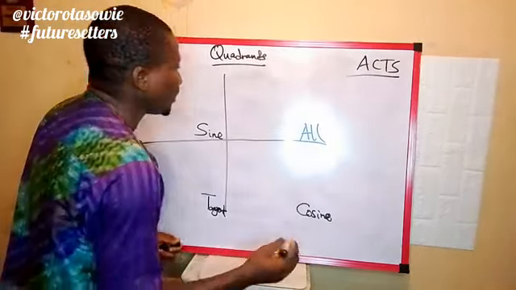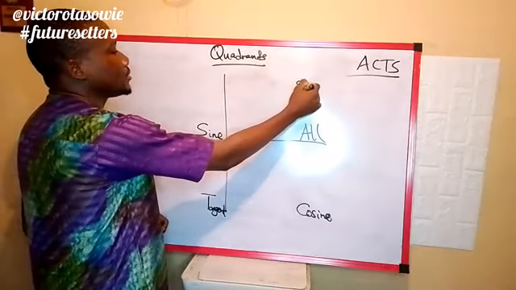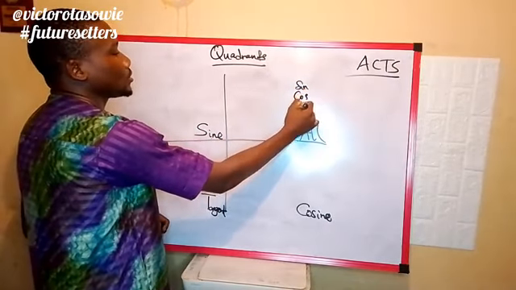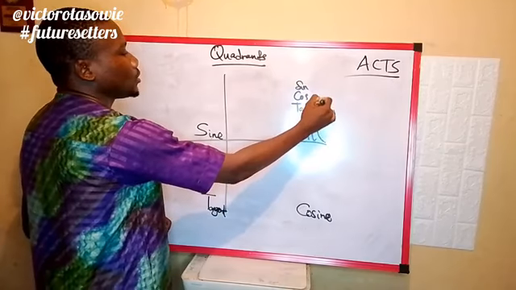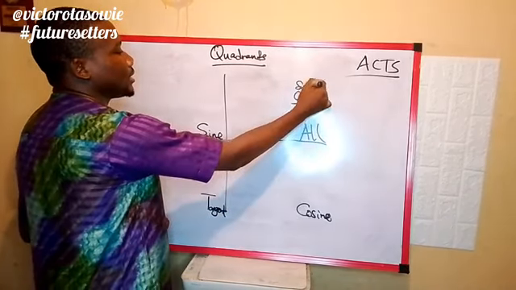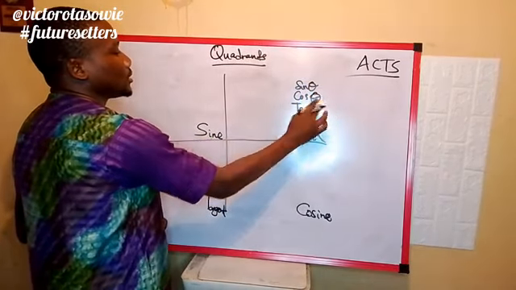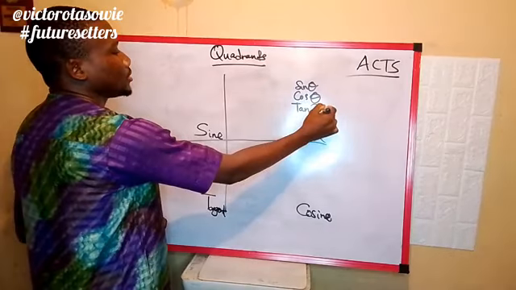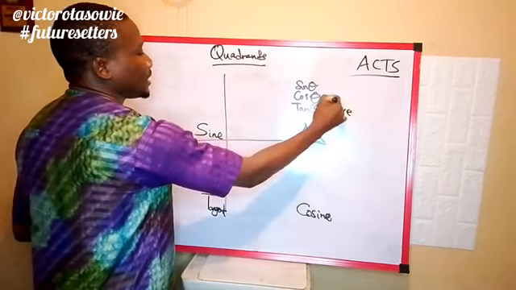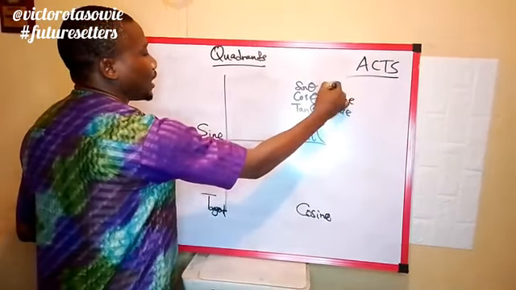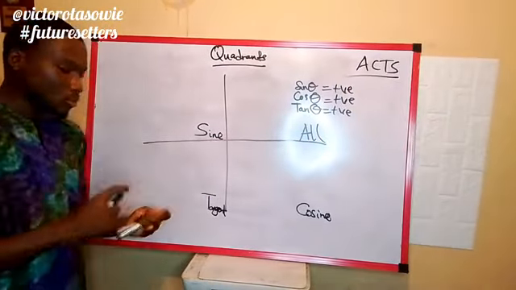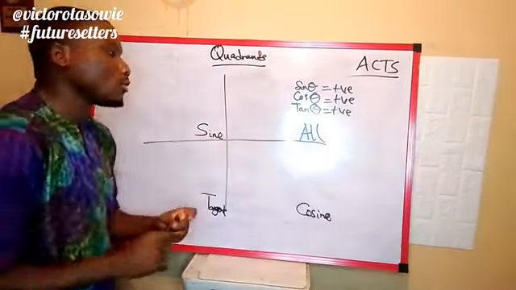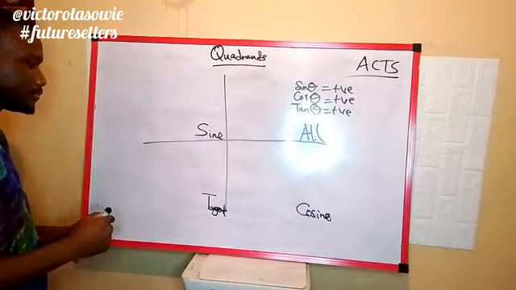This all you see here means that sine theta, cos theta, and tan theta are positive. All three of the ratios we are going to be focusing our attention on are positive.